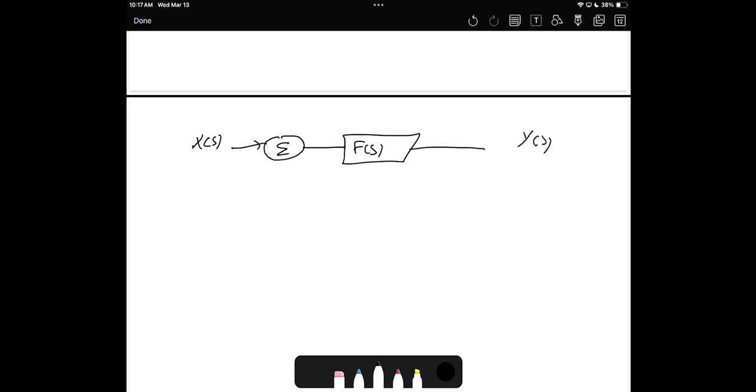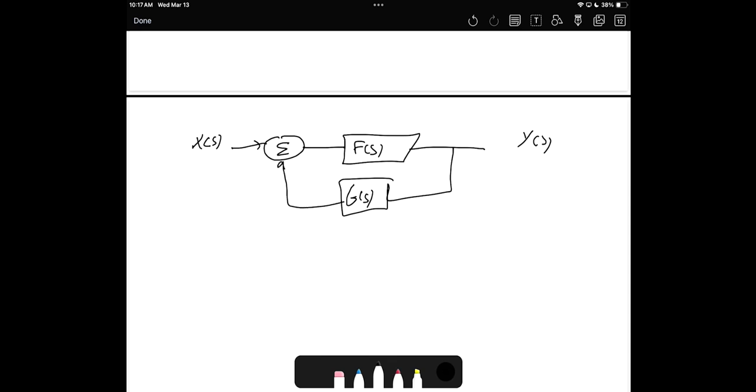Then the output is y of s. Then we have a feedback system g of s, which mainly will be the sensor. It can be some other systems as well. For example, if there are road hazards, we need to take action, like adaptive cruise control, which is not only measuring the speed, but also taking into consideration road hazards, or the distance between other cars, etc. So we have g of s.